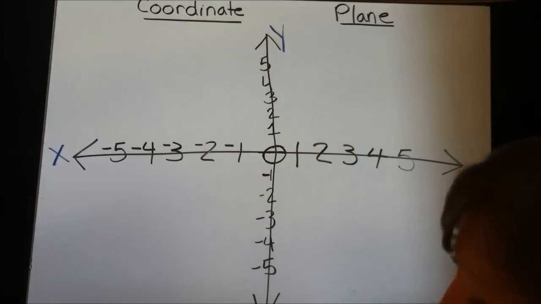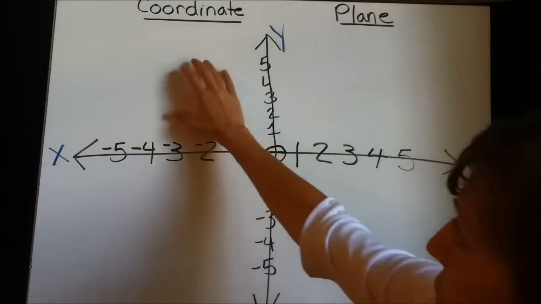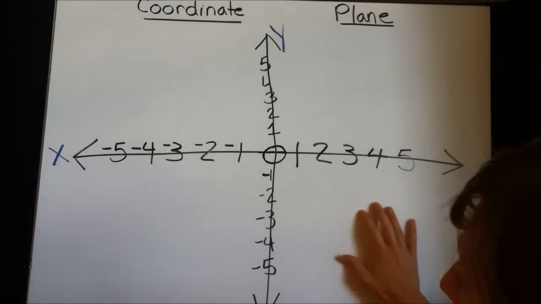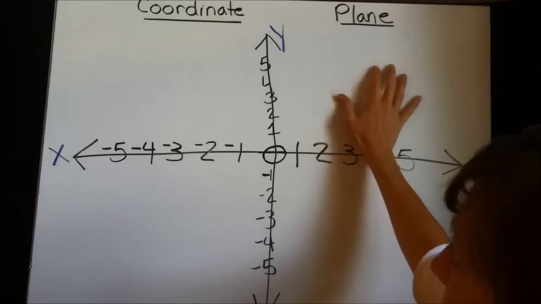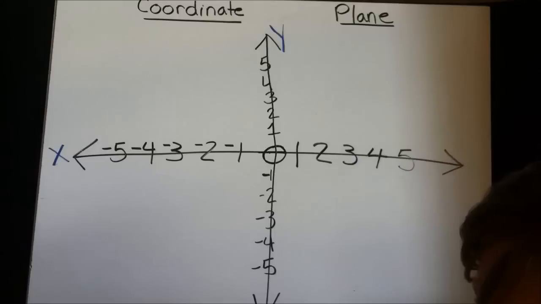These two number lines cross each other and they create 1, 2, 3, 4 sections. These 4 sections are called quadrants.